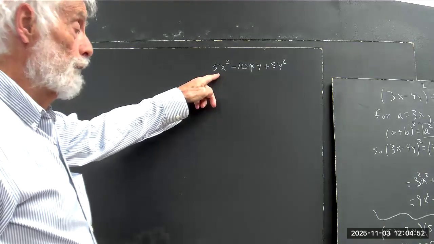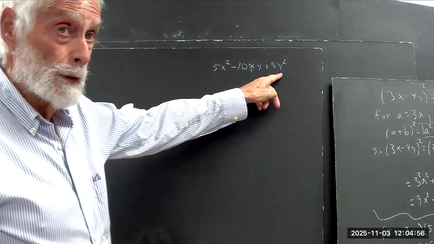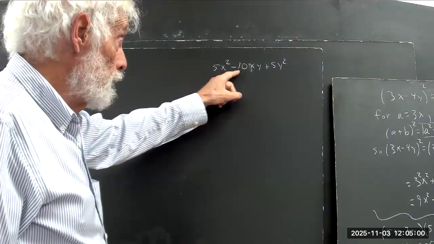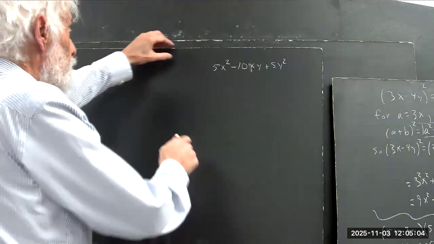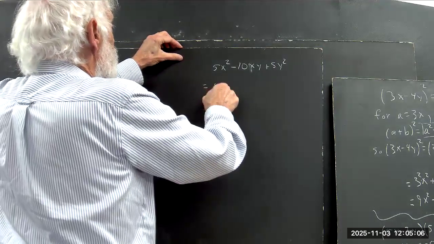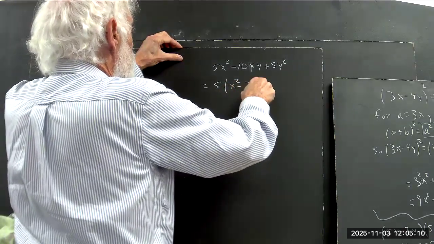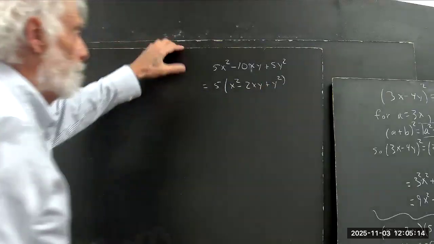Now, this isn't a perfect square. And this isn't a perfect square. But we notice that all our coefficients are multiples of 5. So we can write this as 5 times x squared minus 2xy plus y squared.